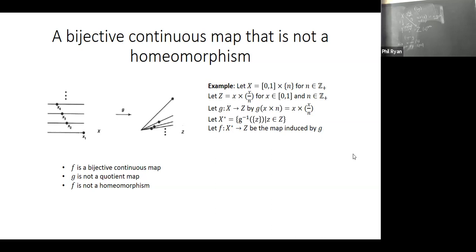So that maps it to a point somewhere in Z. And we're going to let the quotient space be the inverse image of all the points in Z. If the point in Z is not the origin, there's a one-to-one correspondence with the points outside here. But the origin gets sent to all the starting points of the intervals here. And we're going to let F be the map induced by G.